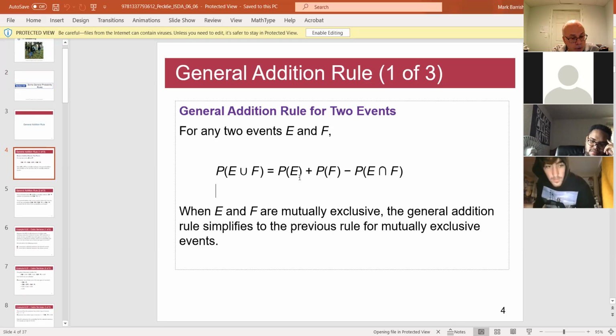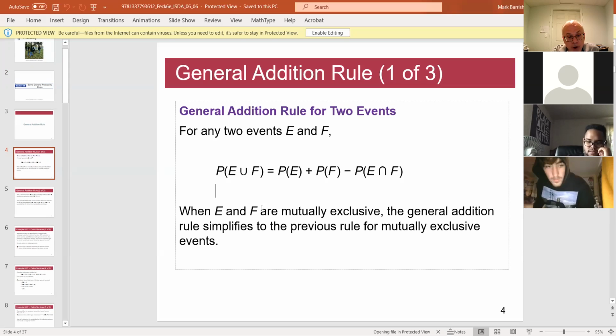So we subtract one of those, the probability that they occur together, to remove the double counting.